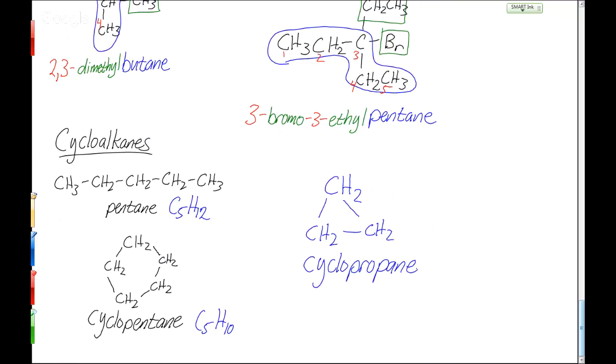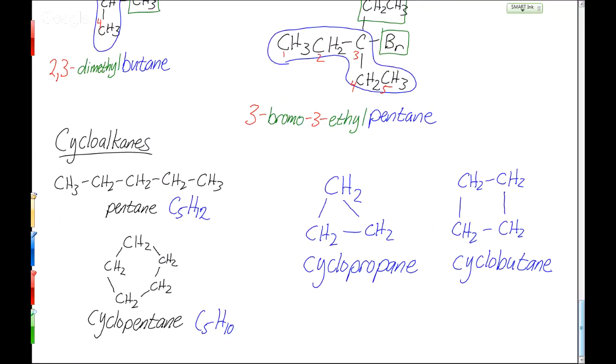If you go to cyclobutane, now what's the bond angle? 90, yeah. So now we're a little closer to that 110, a little more stable, still not where it wants to be.